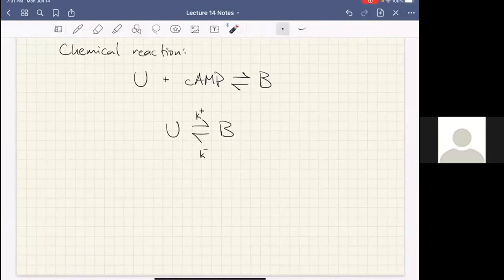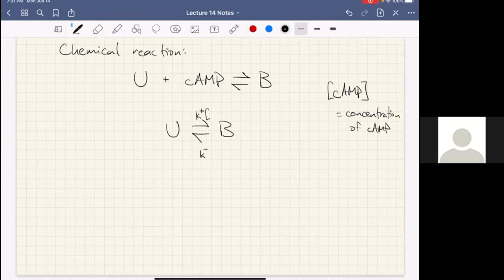But what I also want you to notice is that by the principle of mass action kinetics, which we also talked about, this forward rate from U to B is dependent on both the concentration of U and the concentration of cAMP. So I'm going to write this notation. That means the concentration of cAMP.